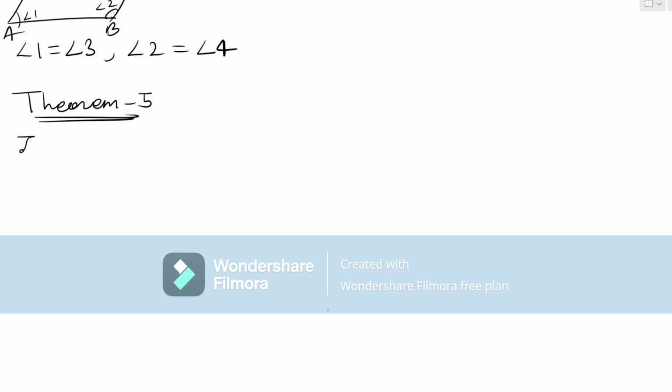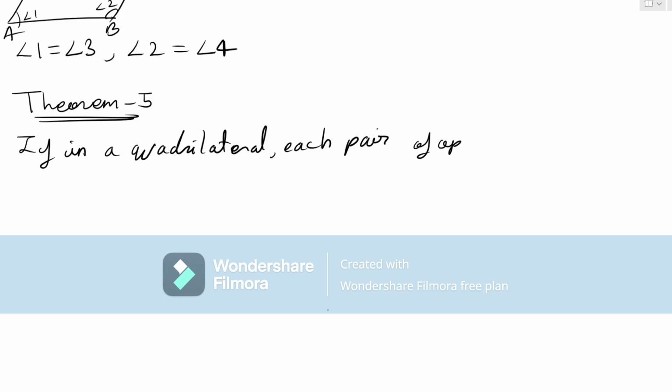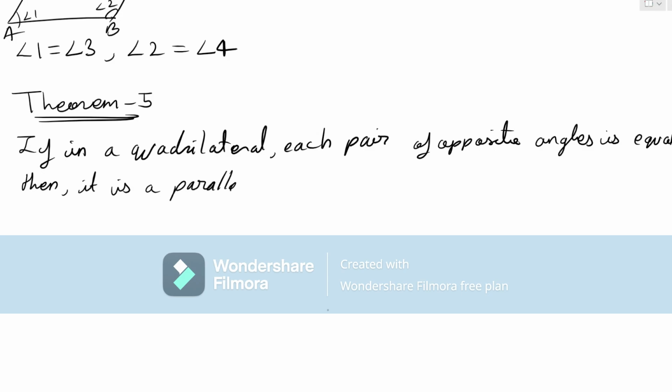If in a quadrilateral each pair of opposite angles is equal, then it is a parallelogram.